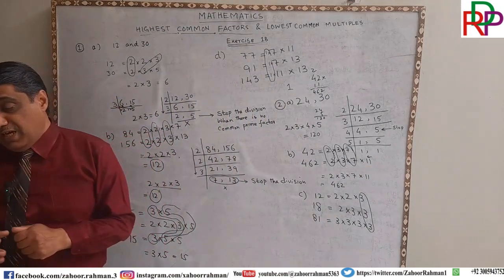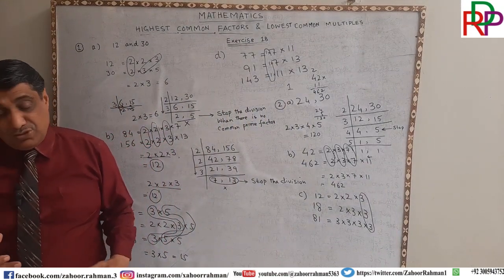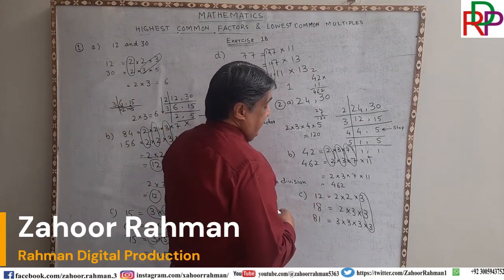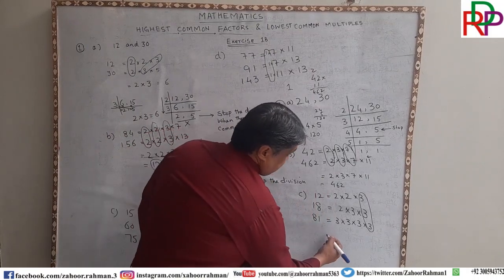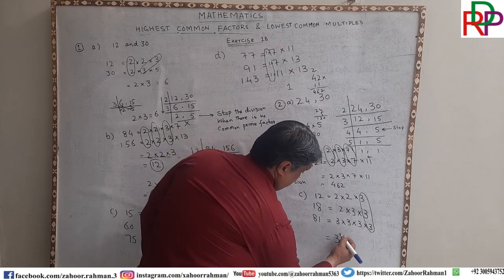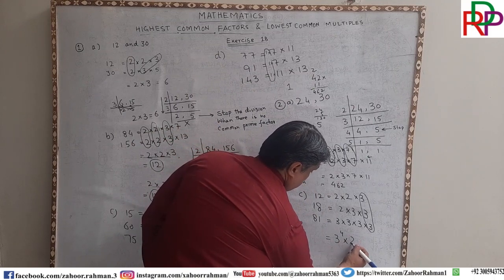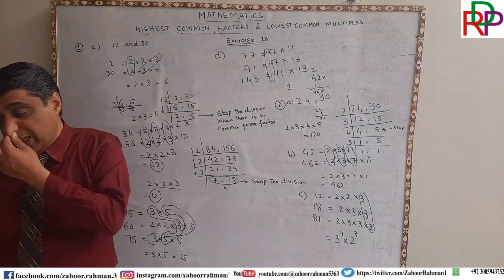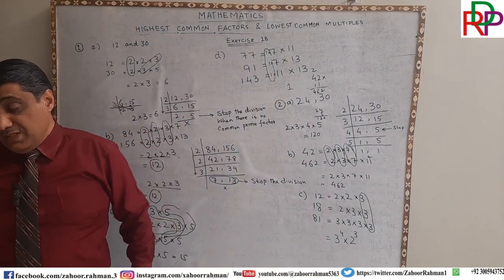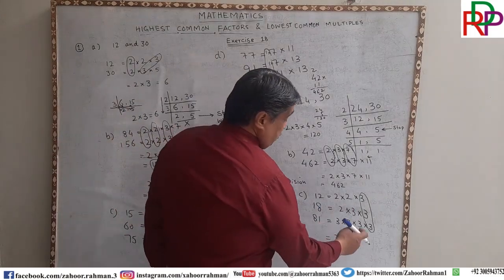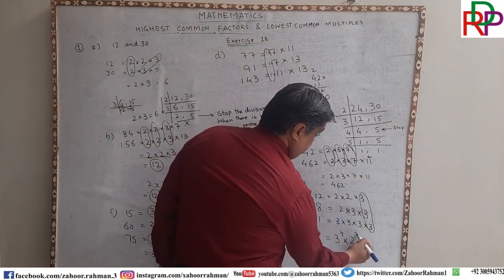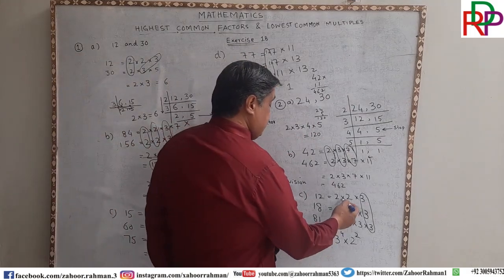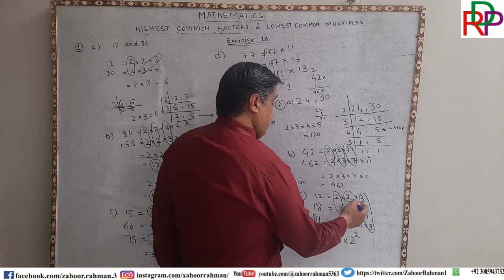So 3 raised to the power 4 into 2 raised to the power 3, and 2 raised to the power 2. One is this and one is this.